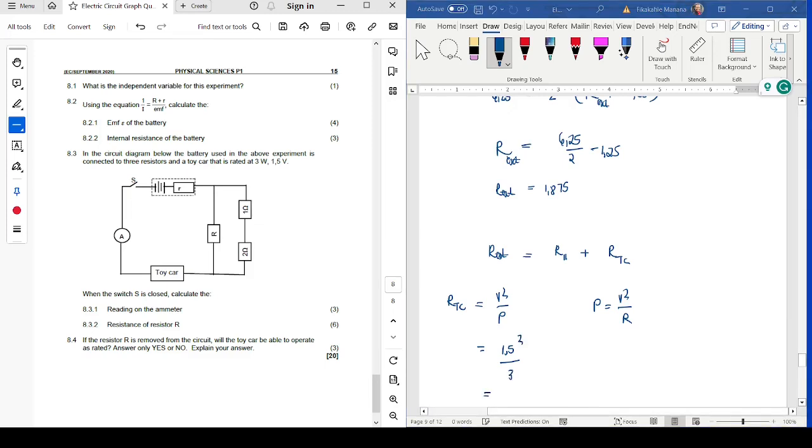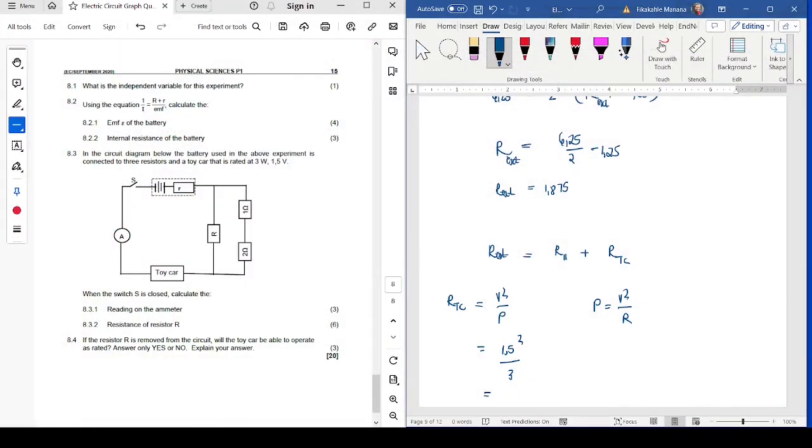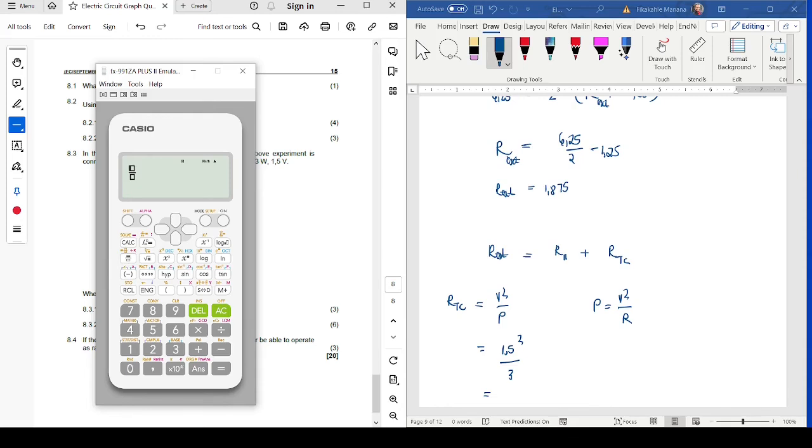So our resistance at that point, I have 1,5 squared divided by 3, which is 0,75. All right, and that is the resistance of the toy car.